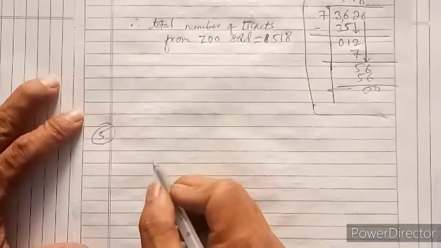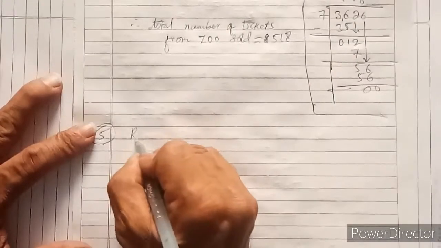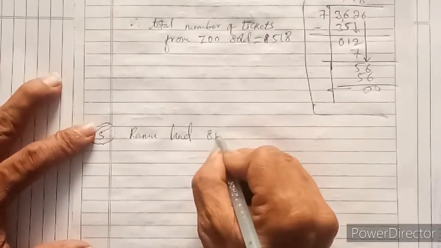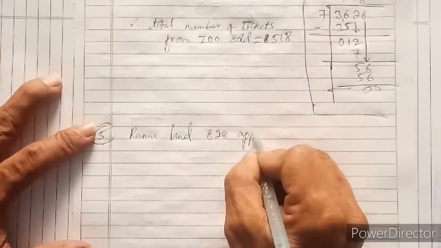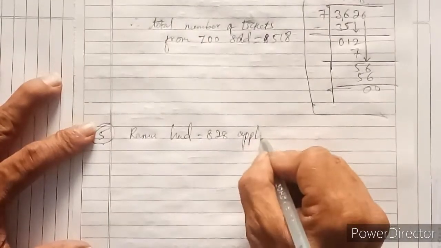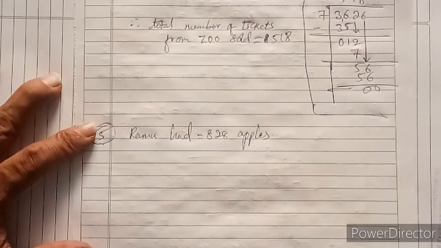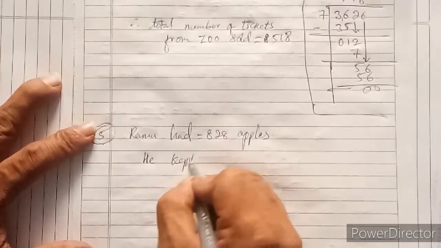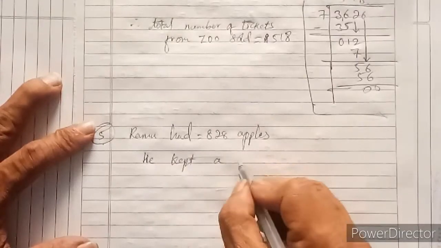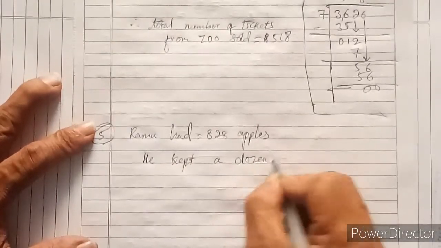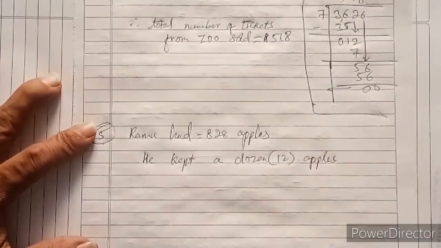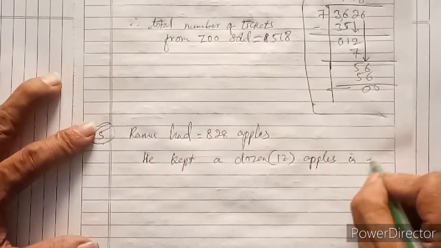Fifth one. Ramu had 828 apples. He kept a dozen, dozen means 12 apples, keep it in mind, in each box.